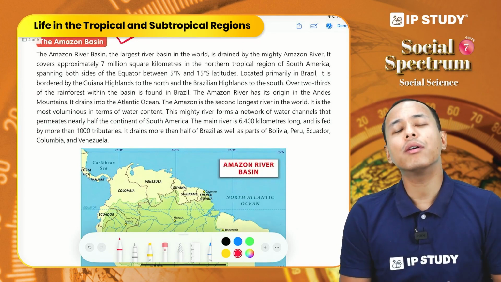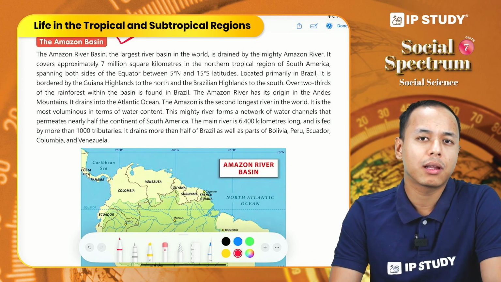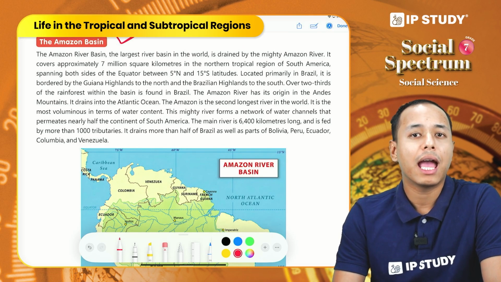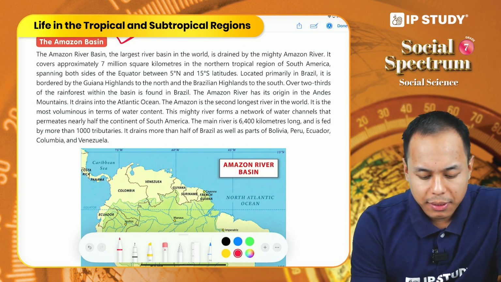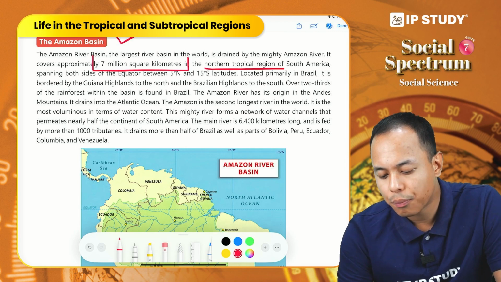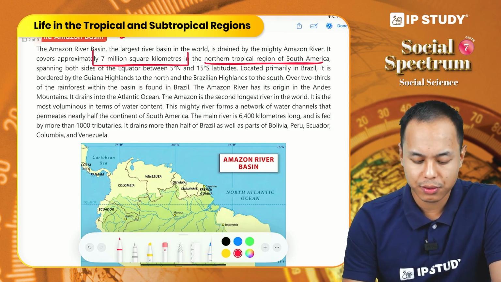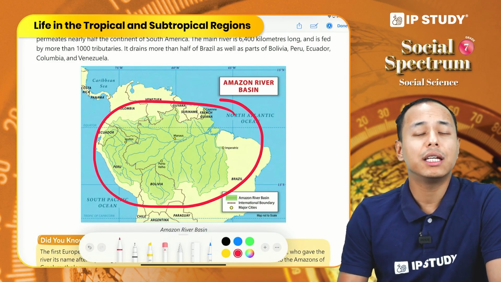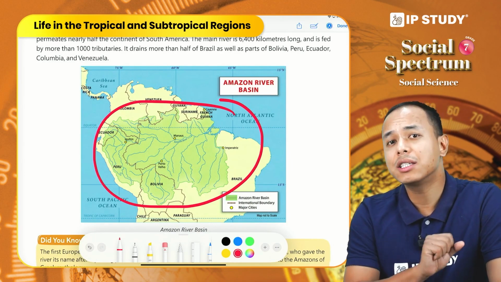As we all know, the Amazon River Basin is drained by the mighty Amazon River. Okay, and it covers approximately 7 million square kilometers in the northern tropical regions of South America. If you see here, this is the Amazon River Basin. It is mostly drained by the Amazon and its tributaries.